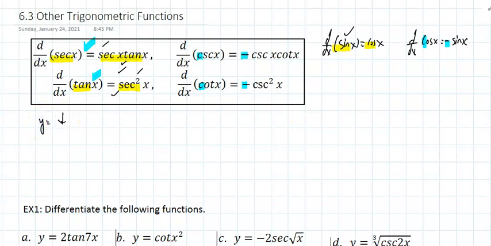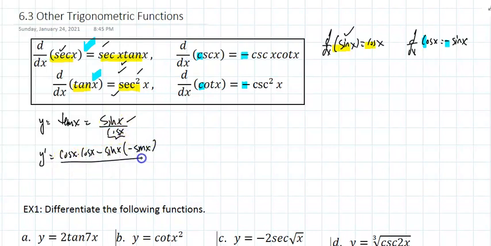If y equals tan of x, that is sine of x over cosine of x. And if I was going to show the derivative of secant, I would have written y equals secant of x, which is 1 over cosine of x. And when I take a derivative, I would use the quotient rule: derivative of the top times the denominator minus the top times derivative of the denominator, all over the denominator squared.